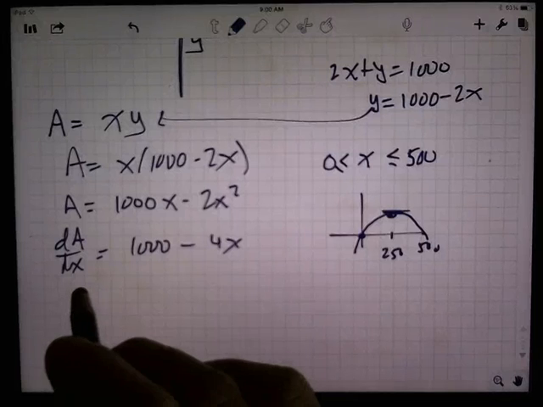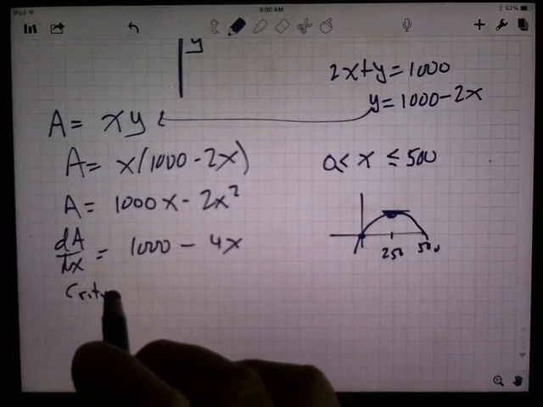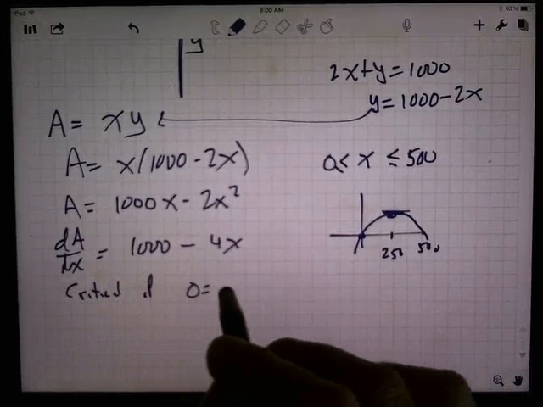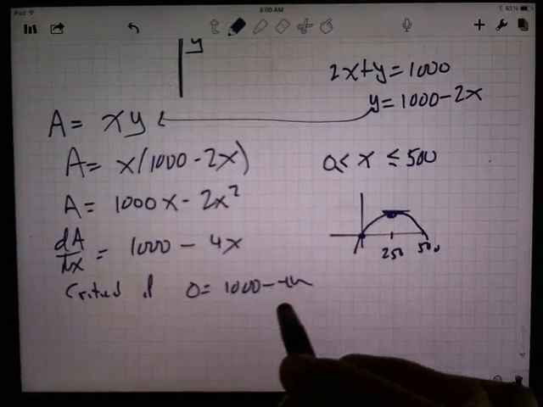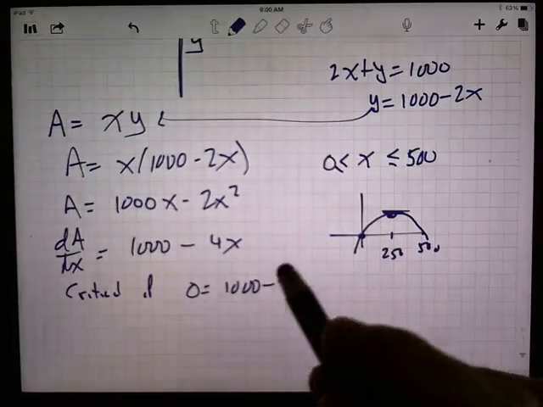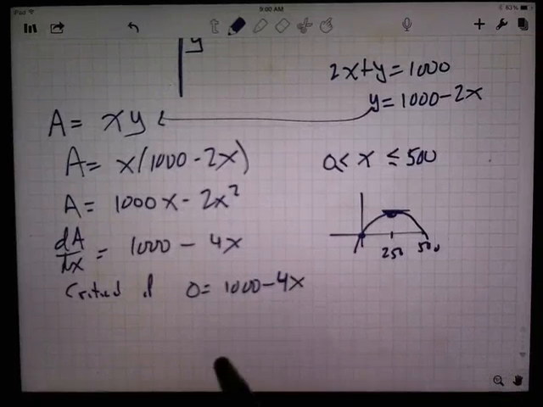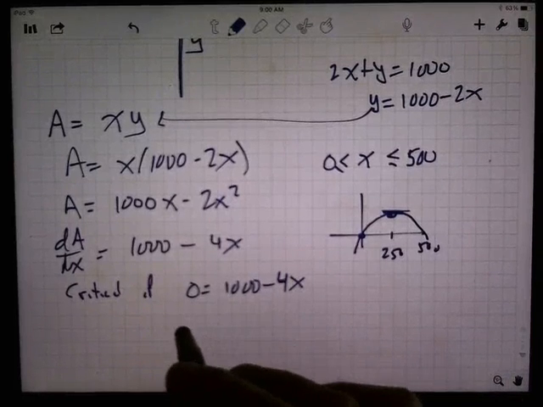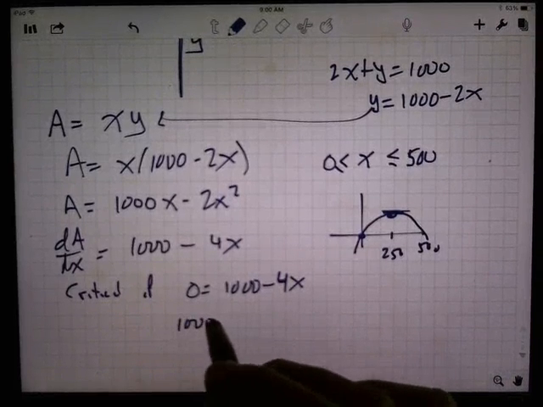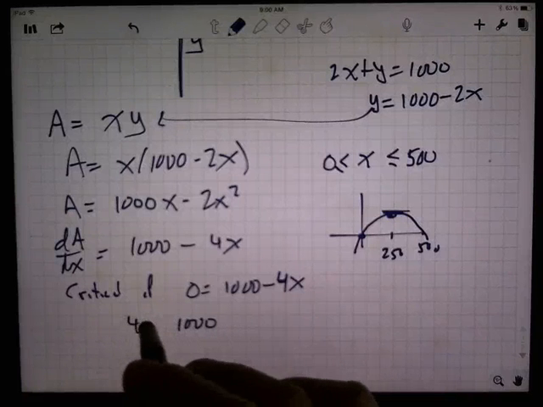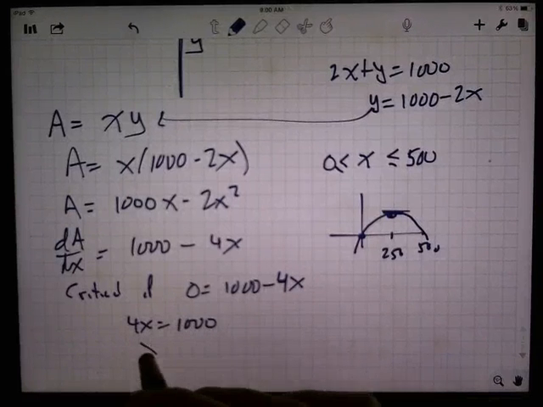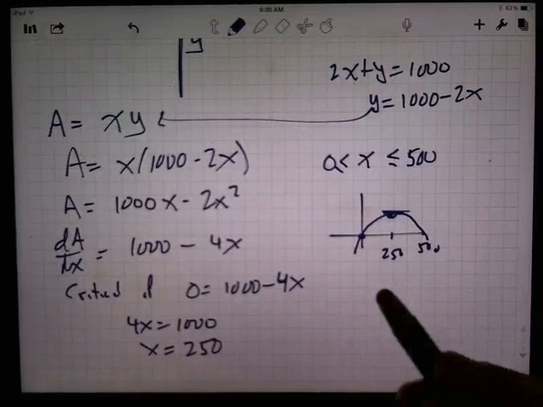And so this is critical if 0 is equal to 1000 minus 4x. Well, that doesn't look like a 4x, does it? Let's try that again, 4x. And so you solve for x. 4x equals 1000, x equals 250, which we know.